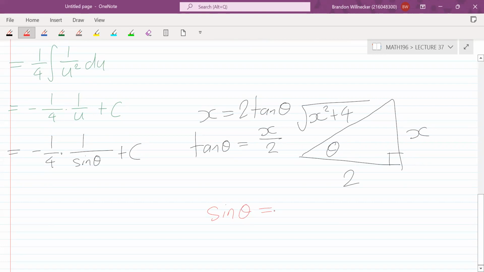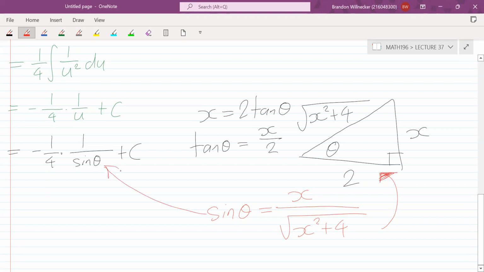Okay, so sine theta is going to be opposite over hypotenuse, sorry. So it's going to be x over square root of x squared plus 4. That's just from the triangle. Okay, so we substitute that in. We know what the trig ratio is.